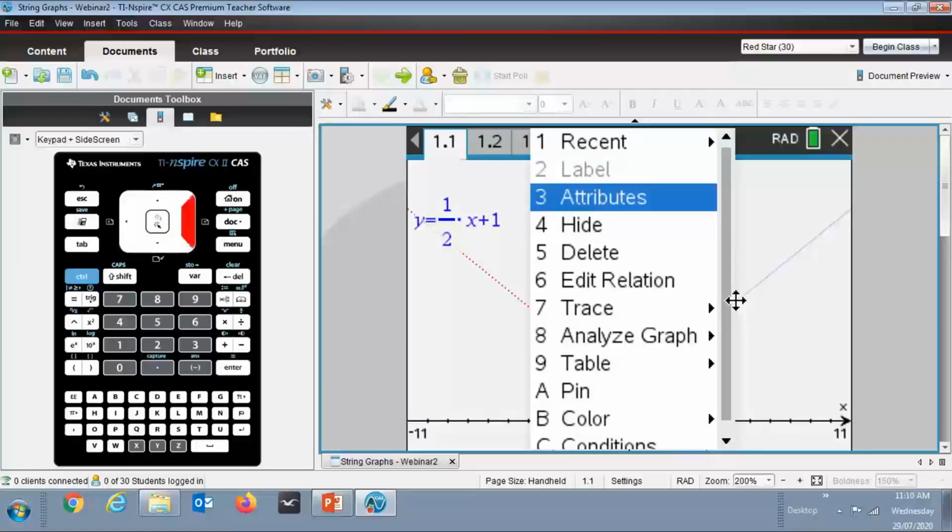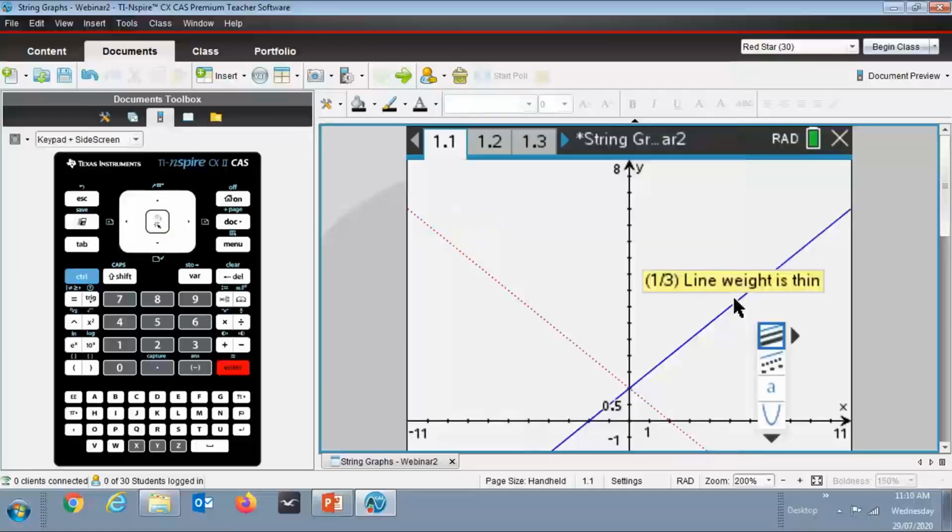And on the attributes, we now go to the line style, go to the right to change from continuous to dotted, and simply press Enter. And now we've got our guiding lines that we're going to be using.